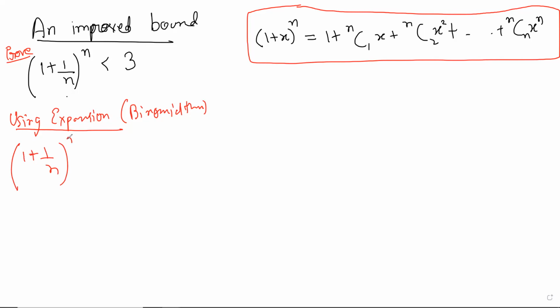Let's see. I don't know. I have not proved it like this before. Let's see. So what will be the first term? Just 1, right? What should the second term be?